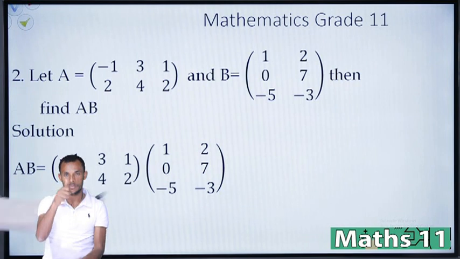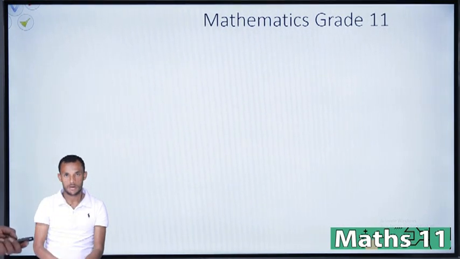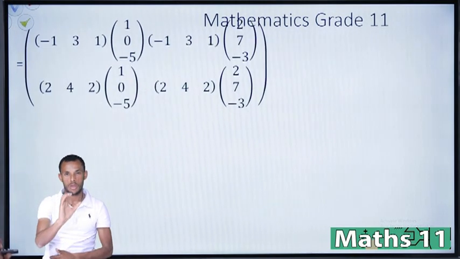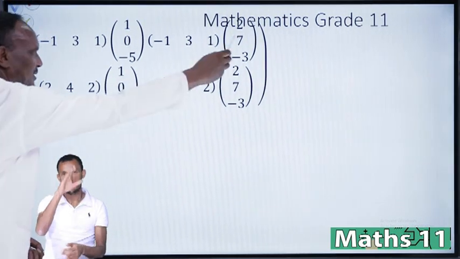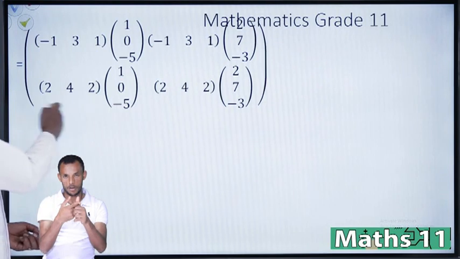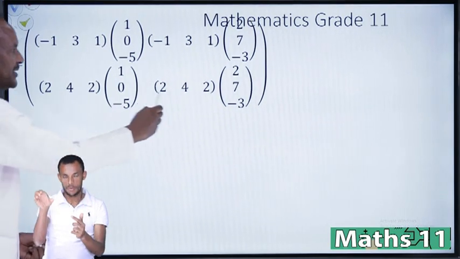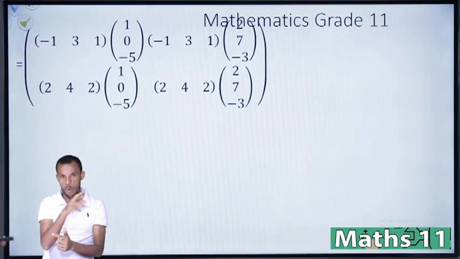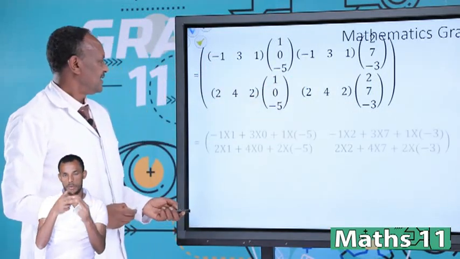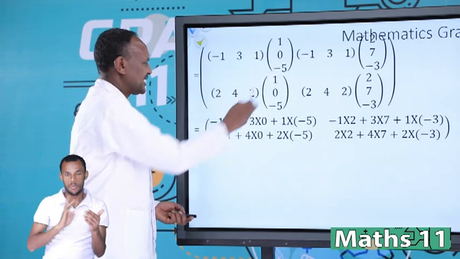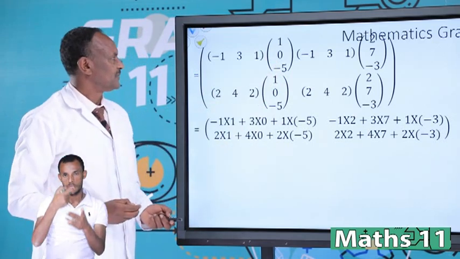These values can be calculated as follows. A times B. Then see what it looks like. First row multiplied by the first column. First row with the second column. Second row with the first column. Second row with the second column. This is row by column. When these are multiplied, you will get a value here.